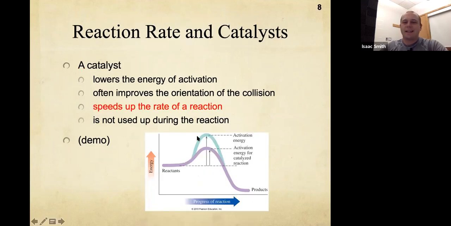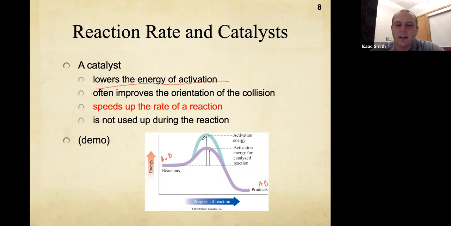And then catalysts. You may have heard this term before, but what it really does is it lowers the energy of activation. So if this blue line here is what the normal reaction is, let's say you're doing A plus B again, takes you to AB, okay?